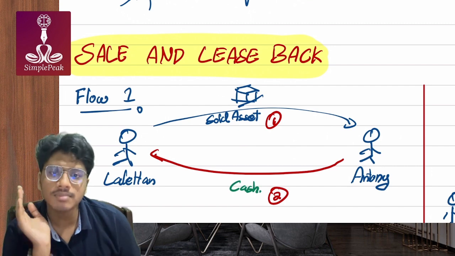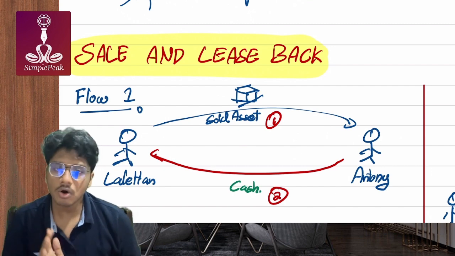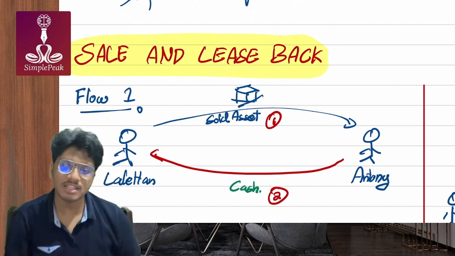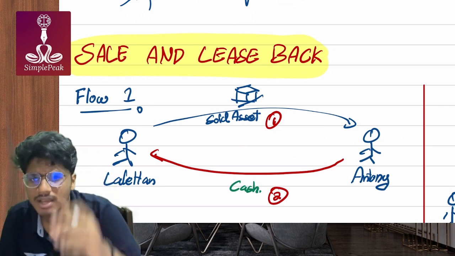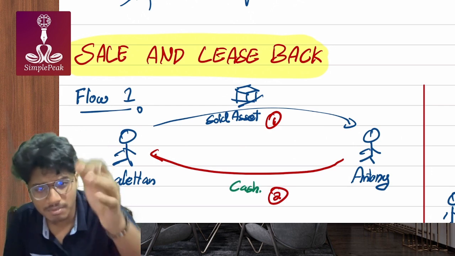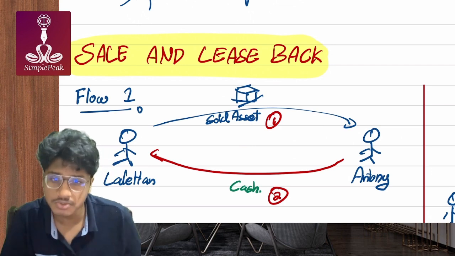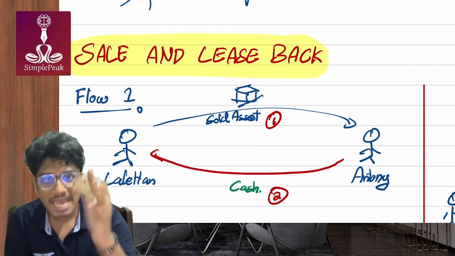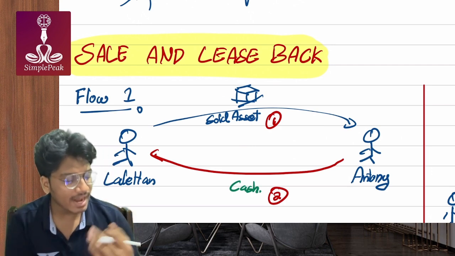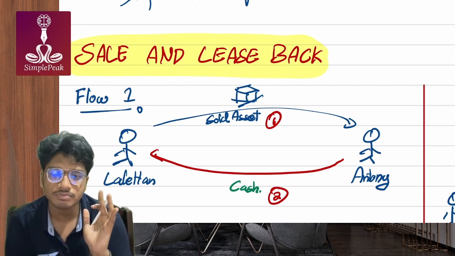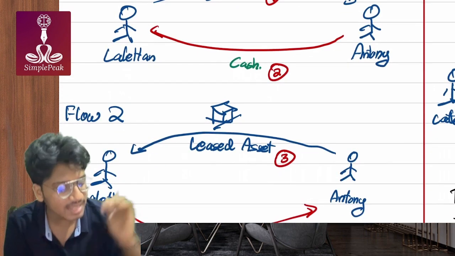A lease is where you give a right, not ownership. Here I'm giving the ownership at that instant itself. I'm transferring my risk, my reward, my ownership and the right also. So I'm selling this asset to Anthony, and Anthony gives me the cash on the same day.